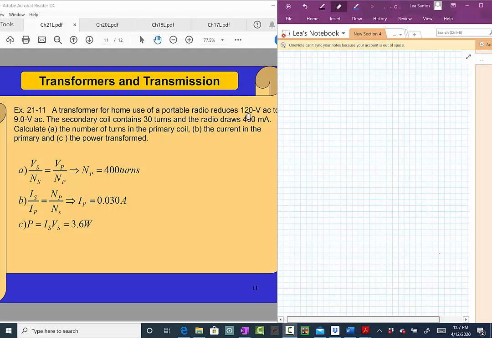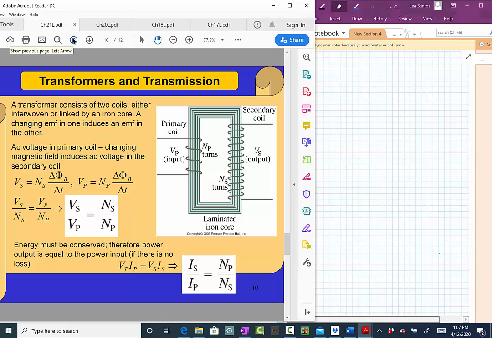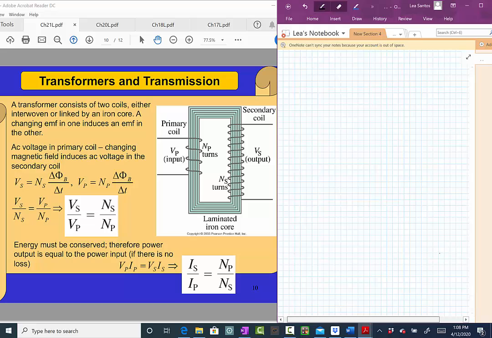But let's first remind ourselves about the equations for the transformer. Remember, the purpose of the transformer is to change the voltage. So we call it a step up transformer or step down transformer according to what happens with the voltage. The equation for the voltage is this one that we see here.